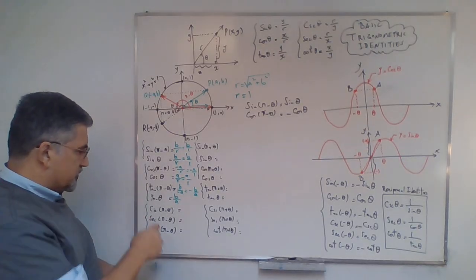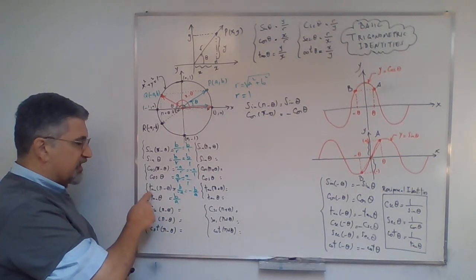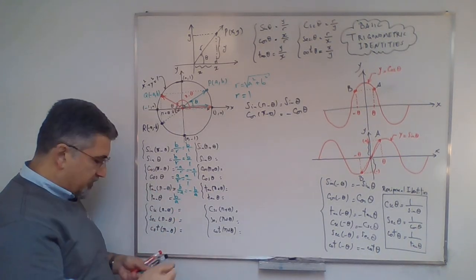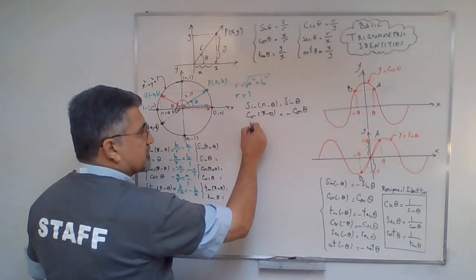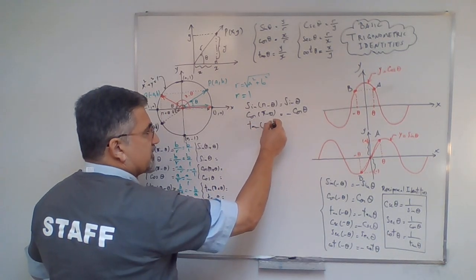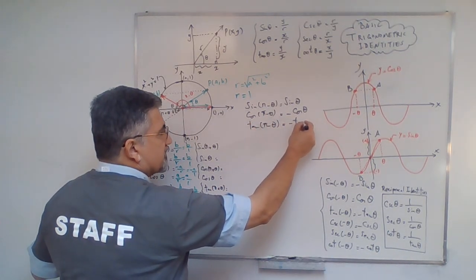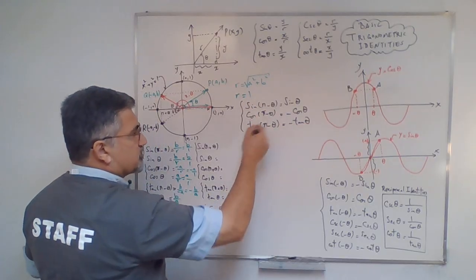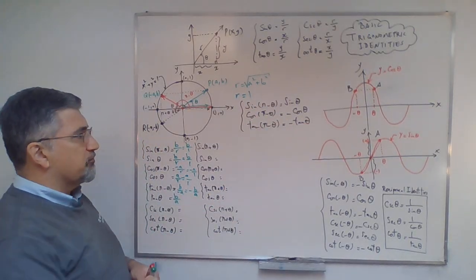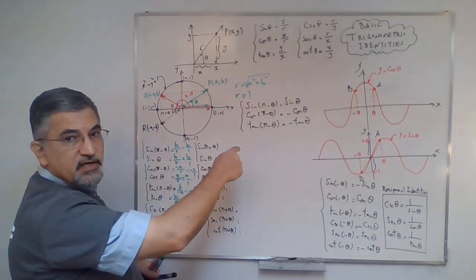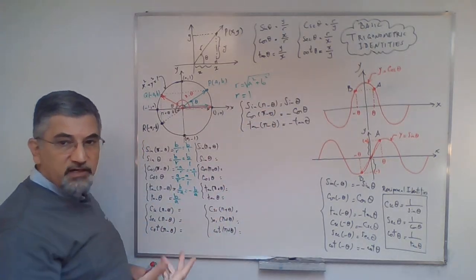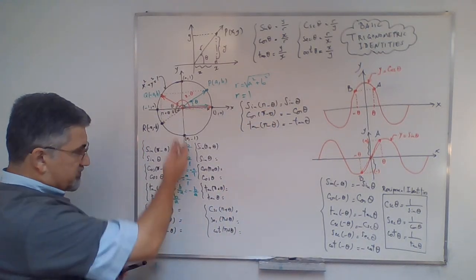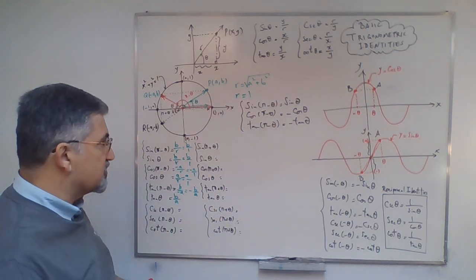So you see that tan theta is b over a, but tan of pi minus theta is negative b over a. So that means that tangent of pi minus theta equals negative tangent of theta, which of course we could have derived by just dividing left sides and right sides of the former two identities. But even these formulas will give you the same result.